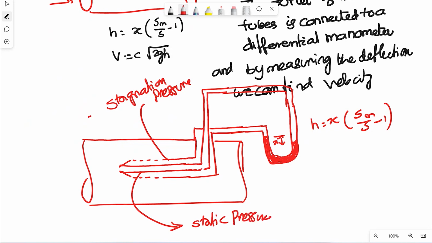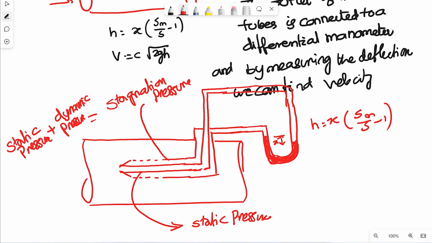What is stagnation pressure? It consists of both static pressure plus the dynamic pressure. What is this dynamic pressure? Dynamic pressure means the velocity of flow becomes zero. When the fluid touches here, it becomes zero. There, the velocity head is being converted into pressure head. That is what we are talking about.